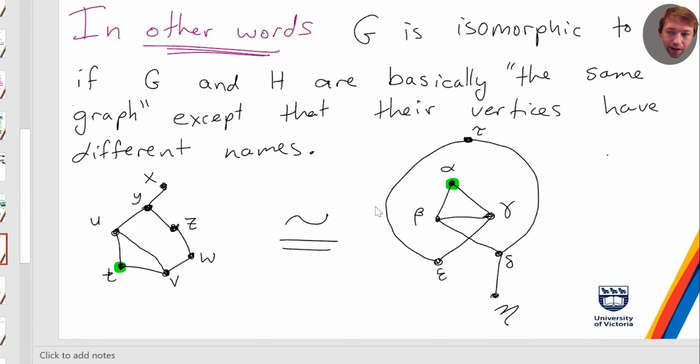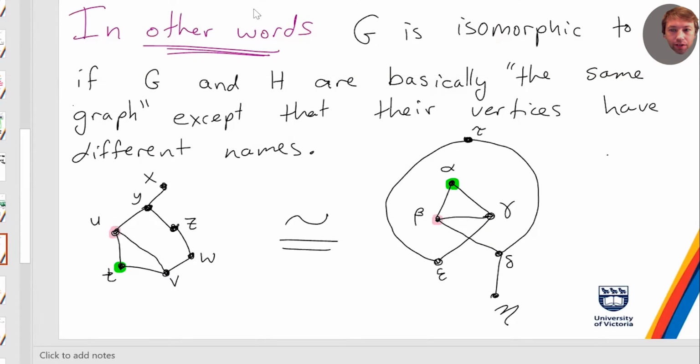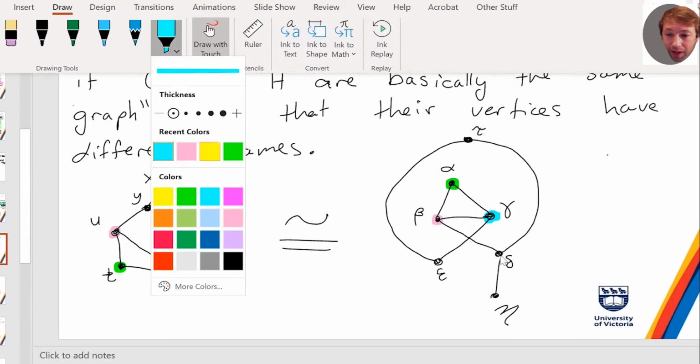I take a function that maps t to alpha, and I map u to beta. If I map v to gamma, you can see that so far alpha and beta have an edge between them, and so does t and u, right? So it's looking good. If you checked all of the different things, it would look good.